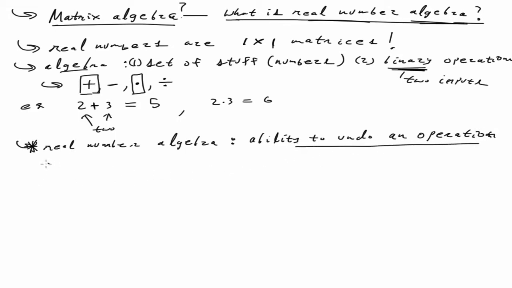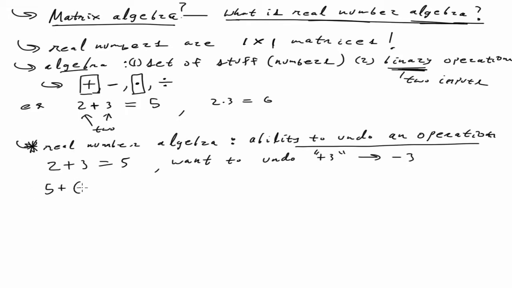So for instance, if I have 2 plus 3 equals 5, and let's say I want to undo the plus 3. So what of course I do, you know what to do, is you're going to now subtract 3 to undo. So subtract 3 is the undo.